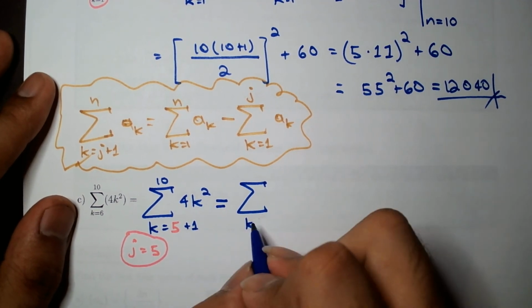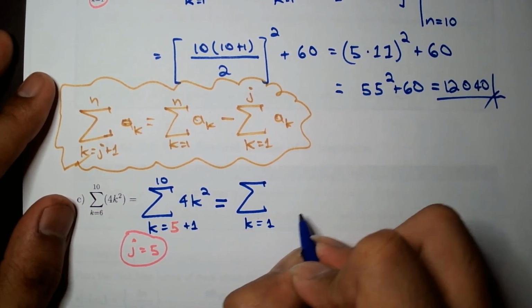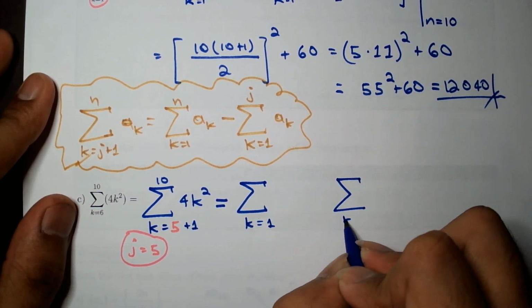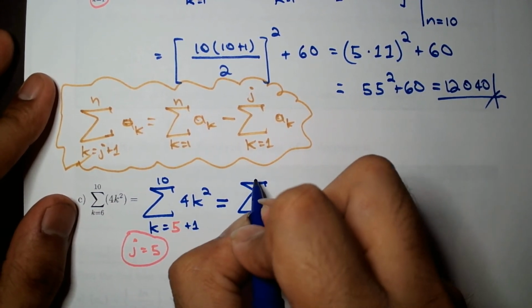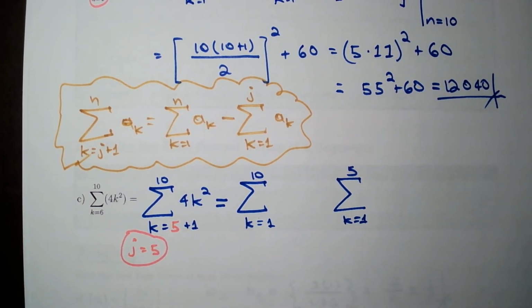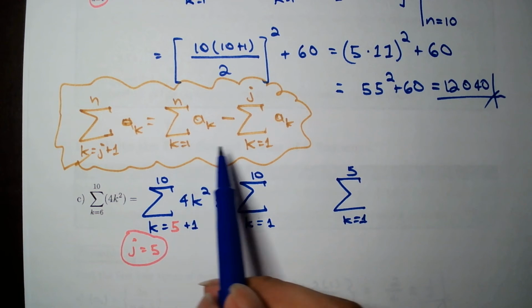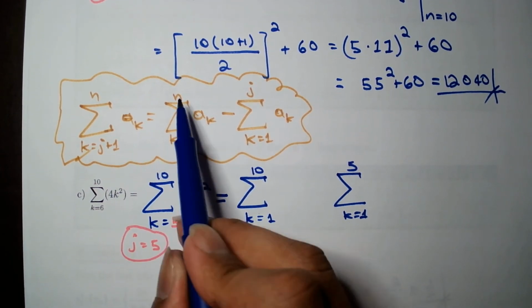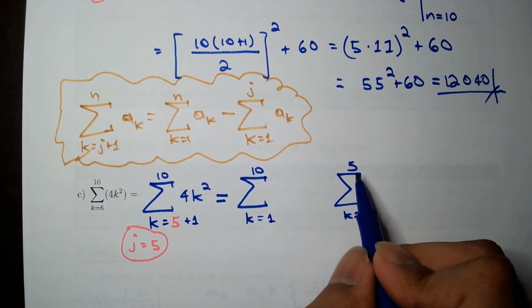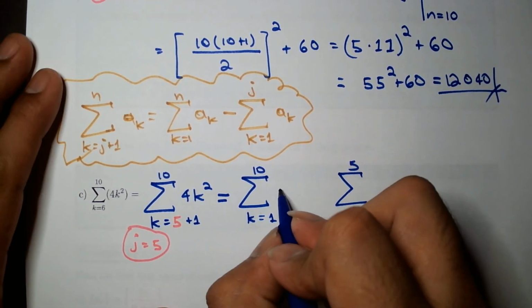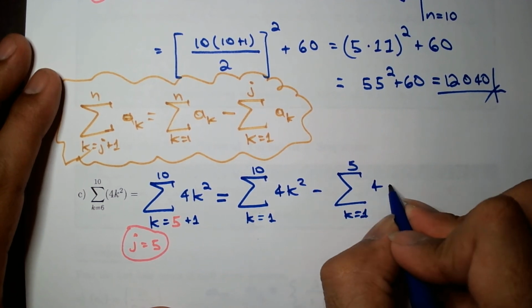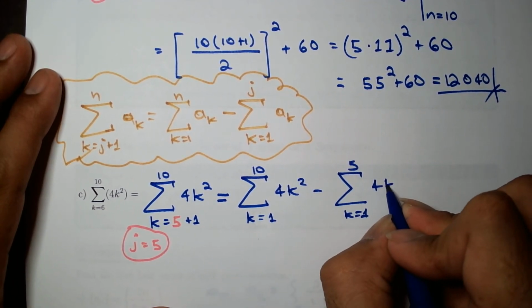That's k equals 1 to n and k equals 1 to 5. This 5 is going to go here. Both indices start at 1. One stops at n, the one that we want, and one stops at 5. And in this case, 4k squared minus the same one.